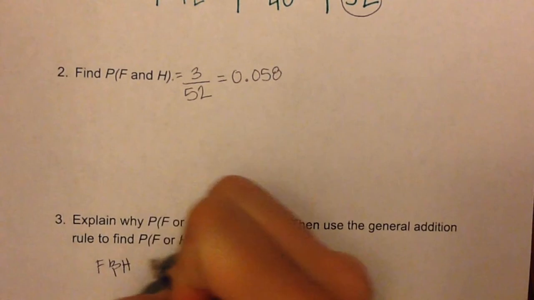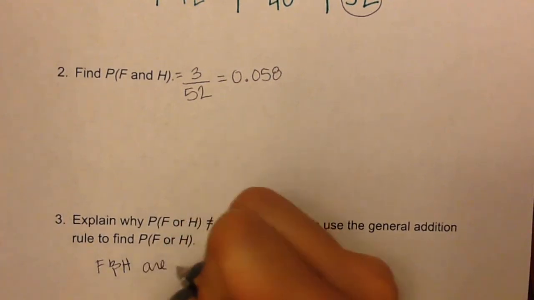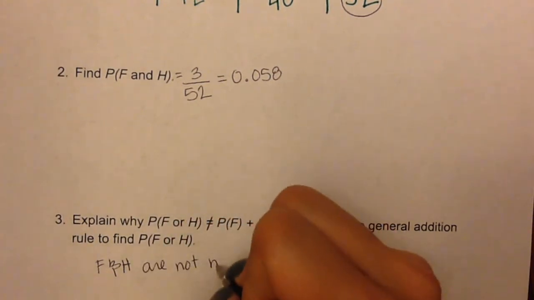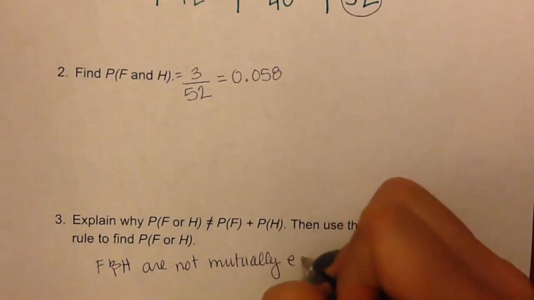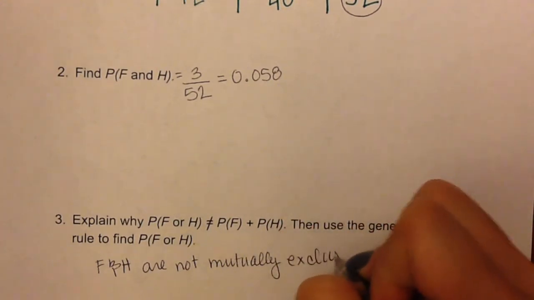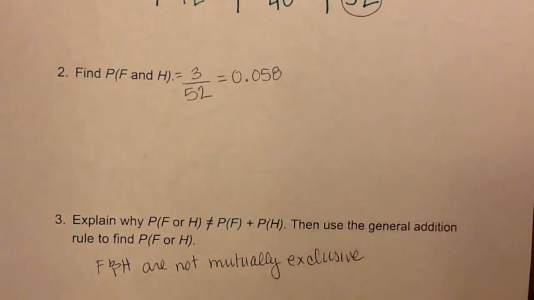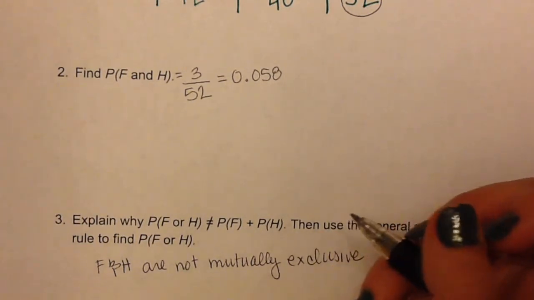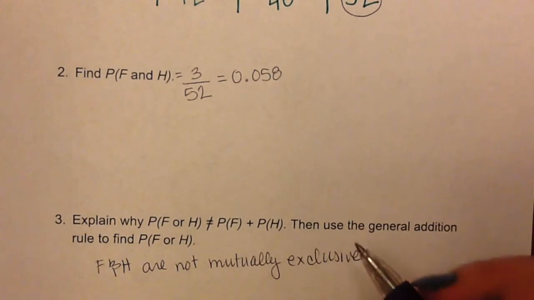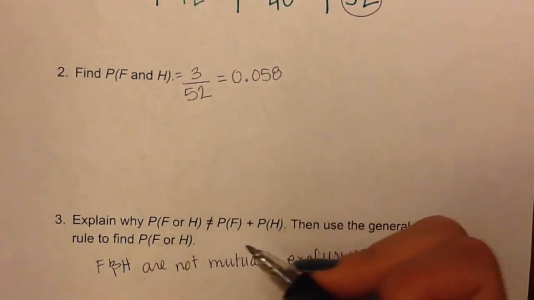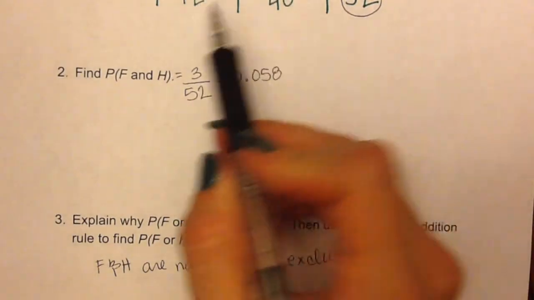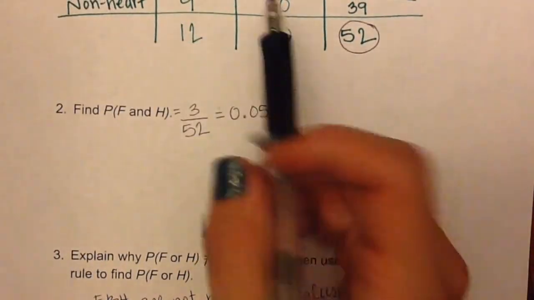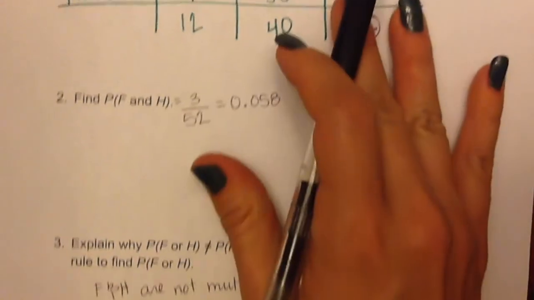So F and H are not mutually exclusive is the reason that rule does not work. So since they're not mutually exclusive, instead we're going to have to add them using the general rule, which means we're going to take the probability of F, and remember that's the probability of a face card, which is up here, 12 out of 52.